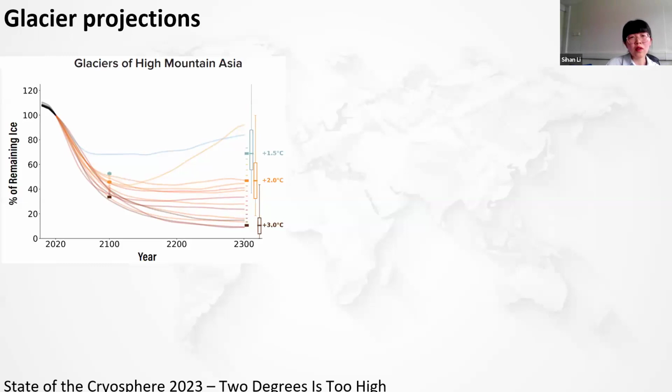And the thick horizontal lines represent the best estimate of the remaining glacier volume for each of the global temperature levels by 2100. So whether we warm up the planet by 1.5, by 2, by 3 degrees Celsius, this is the picture. What does the picture look like for glacier volume change for the high mountain Asia region?